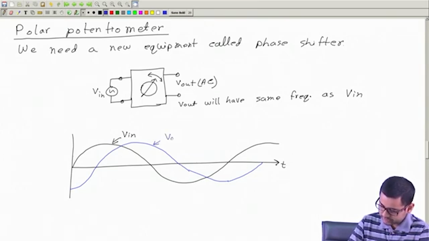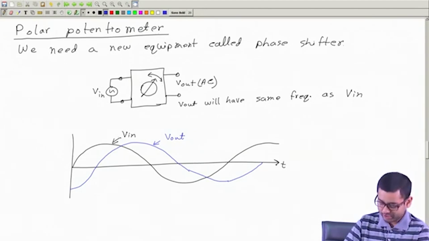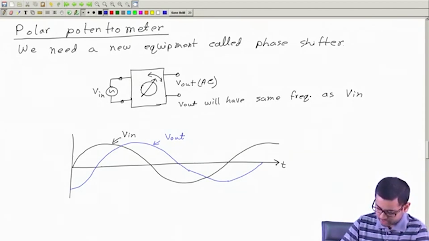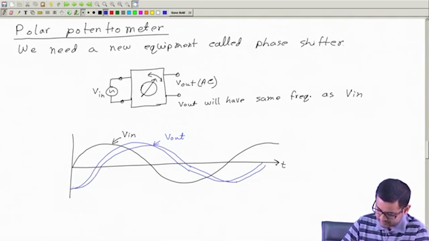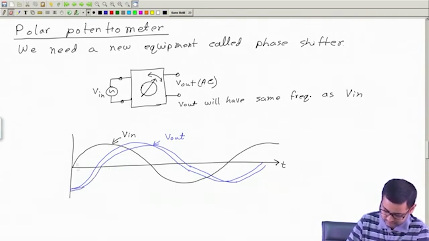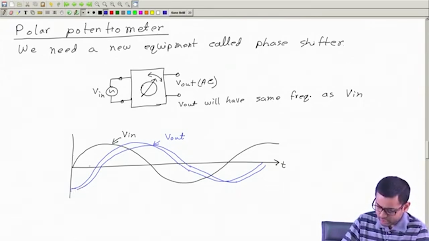So, this is V out, and we can change the phase angle of this V out with respect to V in by moving this knob or dial. We can shift this V out here, or towards the left if you want. That is also possible.